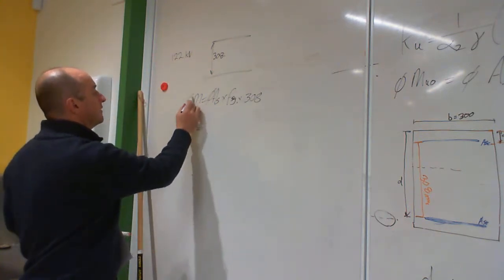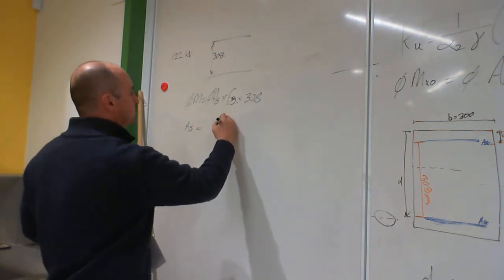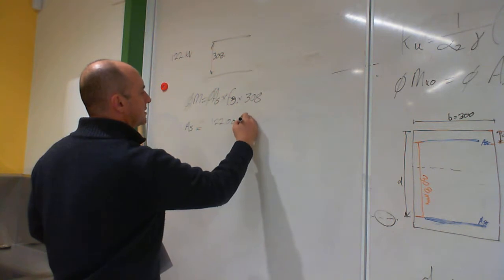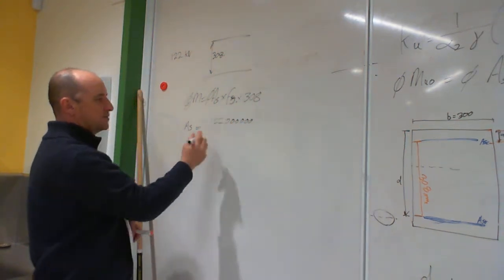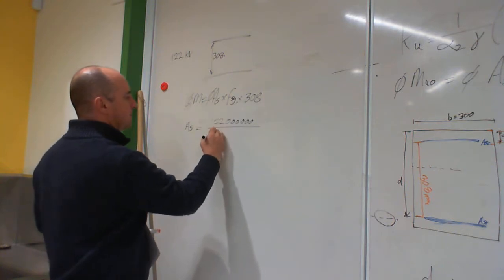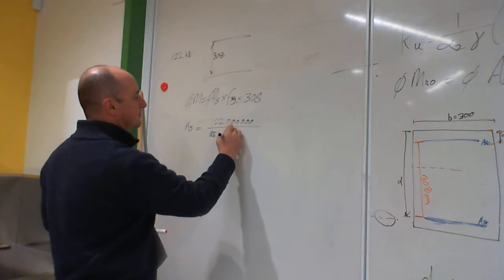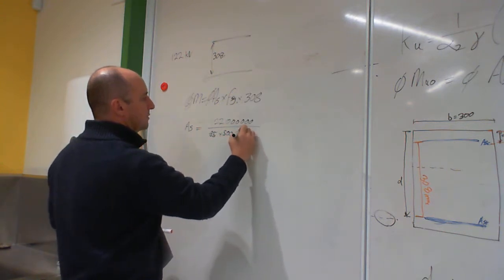Area of steel is 122 million, because we're going back into our millimeter units now, divided by 0.85, divided by 500, divided by 308.